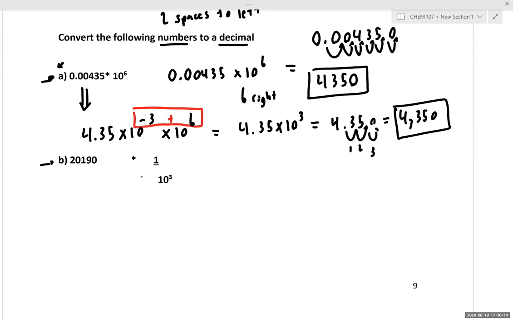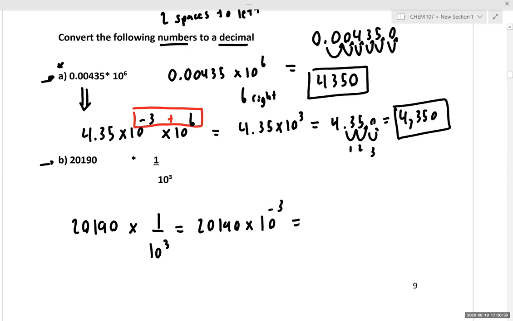So let's now look at question B. We have, whoops, I'm getting ahead of myself here. We have 20,190 and we're multiplying by 1 over 10 to the third. Now we can rewrite this 1 over 10 to the third as 20,190 times 10 to the negative third. So now we have our clear instructions. We need to move our decimal point 3 spaces to the left.